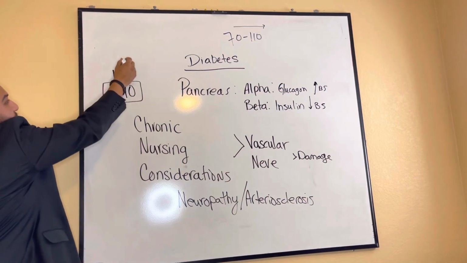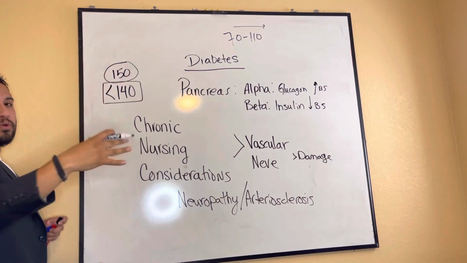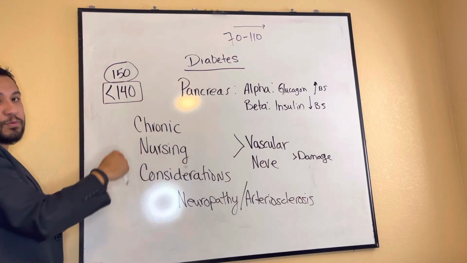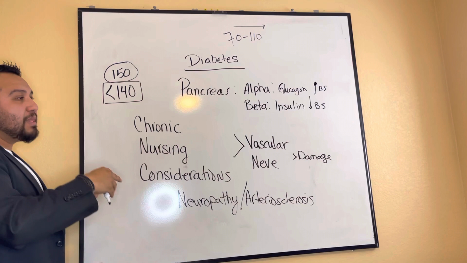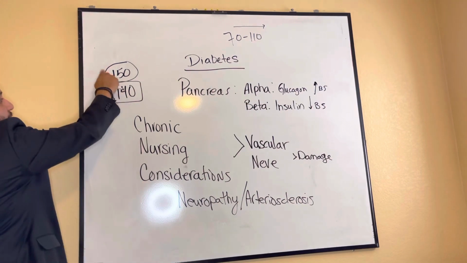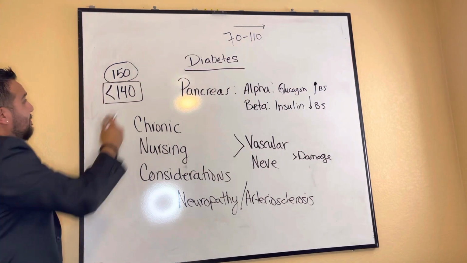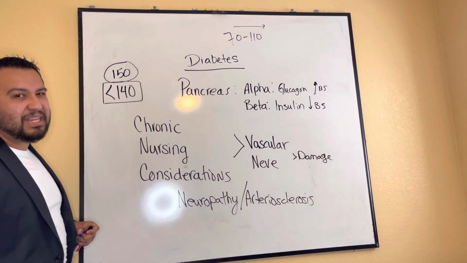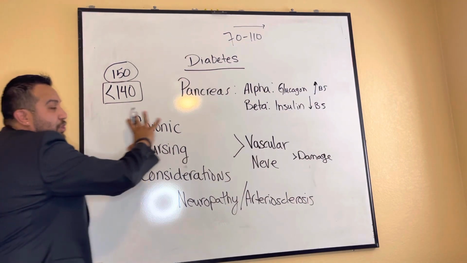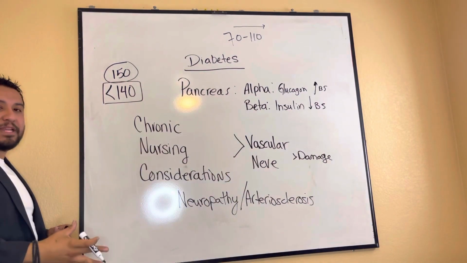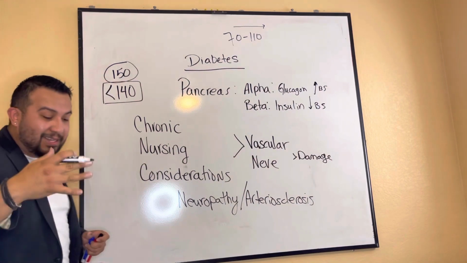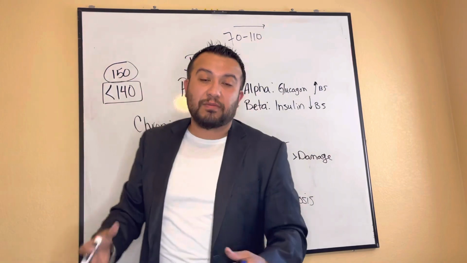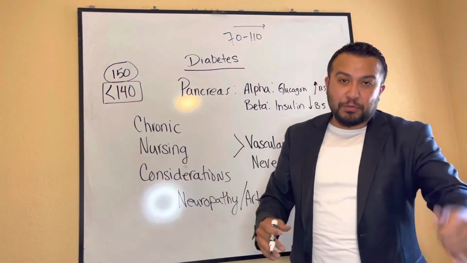So generally speaking, at the facilities, which is more of a real-world thing, your sliding scales, which tell you when to start giving insulin and how many units to give, usually start at 151. Anything below 150, we don't necessarily give any insulin because these issues will not necessarily be happening if the patient monitors their glucose level and maintains a consistent overall blood glucose level that's less than 140. That's what your book says.